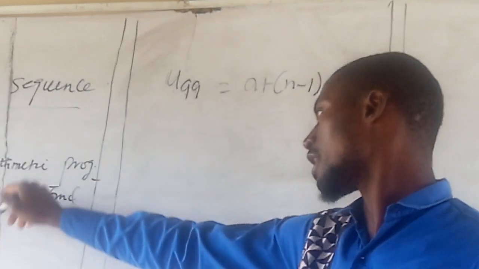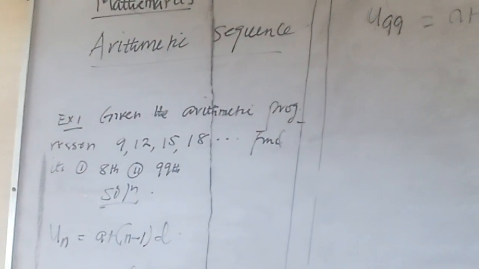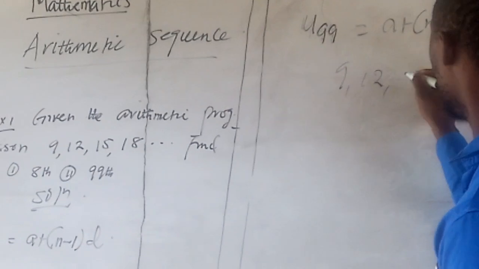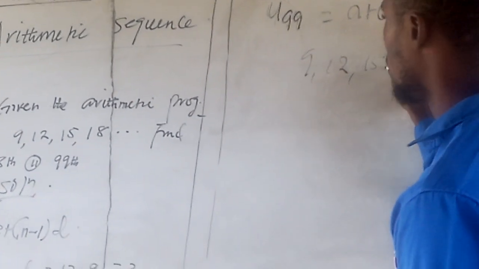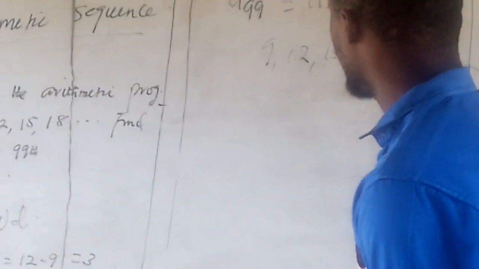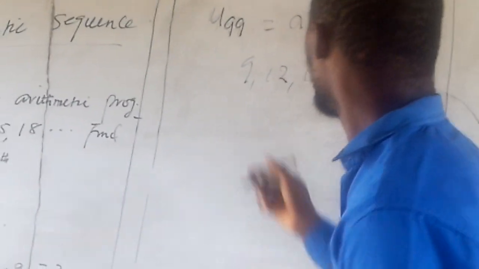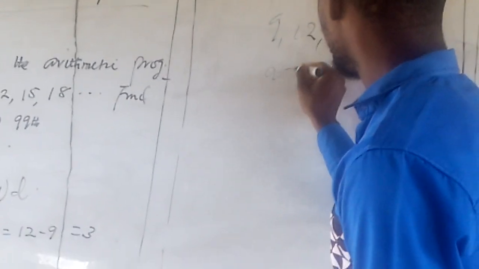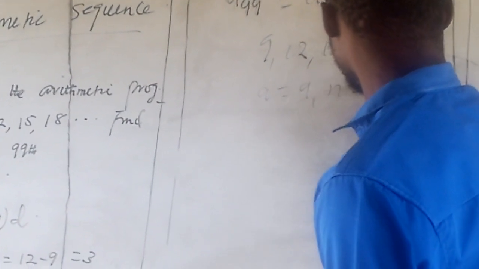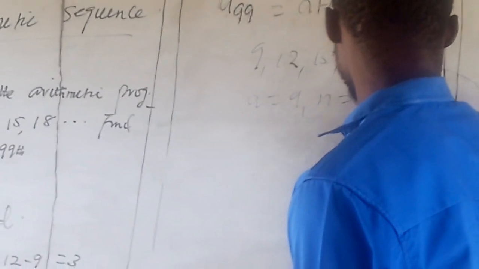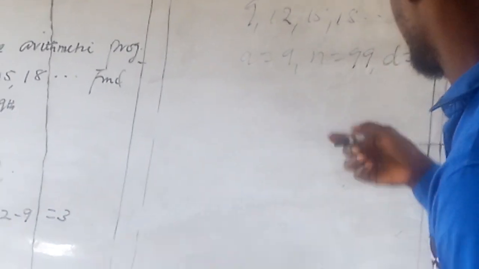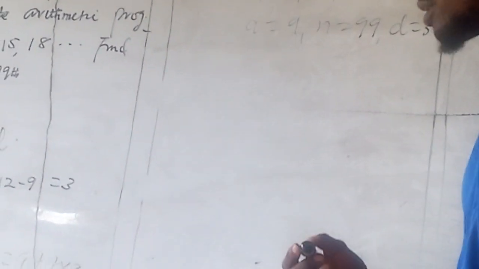Remember we are still using the same sequence, 9, 12, 15, 18 to infinity, so our a will be 9, n will be 99, and d is the same 3, the constant difference that exists in the sequence.